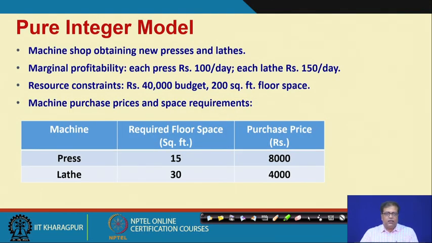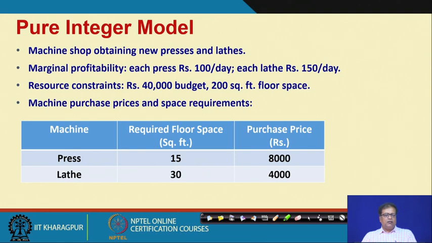Let us see an example of a pure integer model. So, let us say a machine shop is planning to purchase a new press and a new lathe, all right. So, the marginal profitability, each press is rupees 100 per day and each lathe is rupees 150 per day.